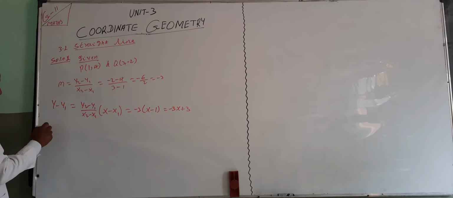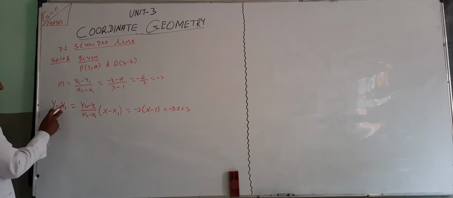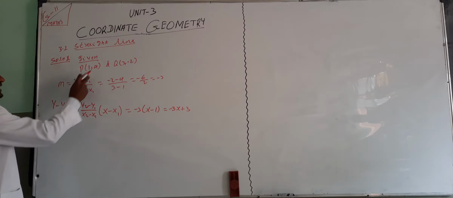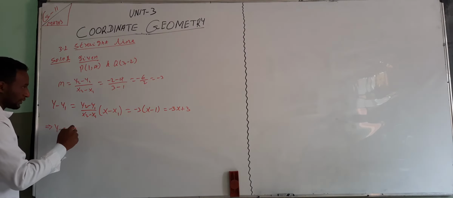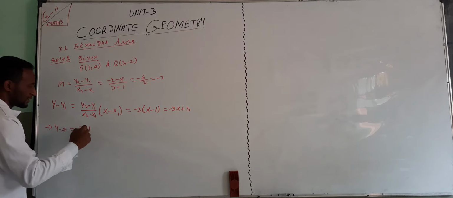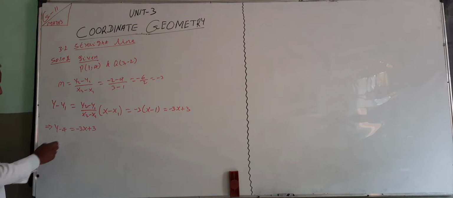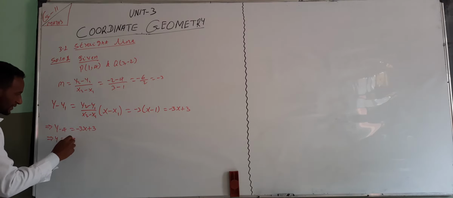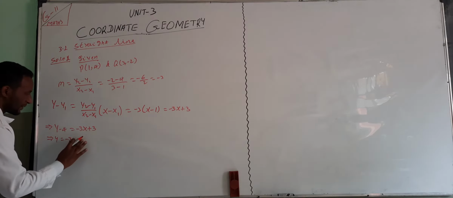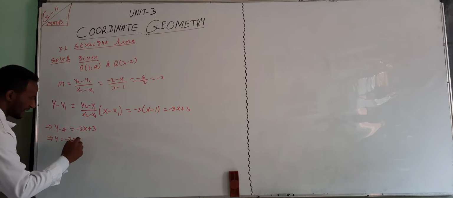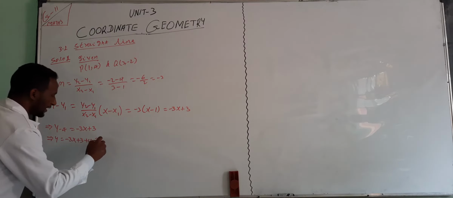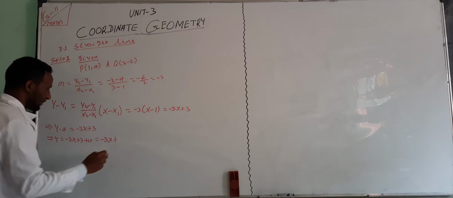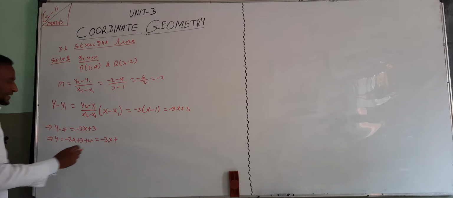This implies that y minus y1, where y1 is the second coordinate of point P, which is 4, is equal to -3x plus 3. So y is equal to -3x plus 3 plus 4, which is equal to -3x plus 7.